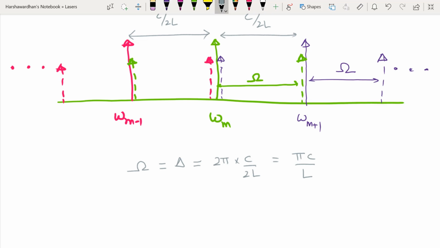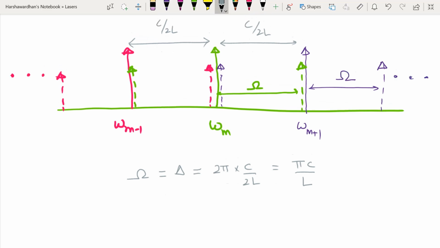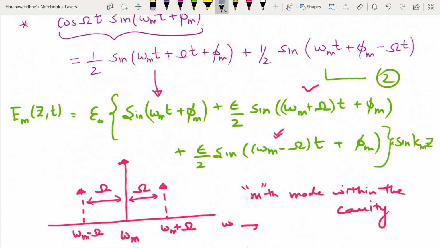So if we choose the modulation frequency to be this, you can clearly see that at a particular frequency, the three frequencies are going to overlap. And the most important point being, if you look at the structure of this, you will see that the phase carried by the central frequency and by the sidebands is exactly the same when you do amplitude modulation.